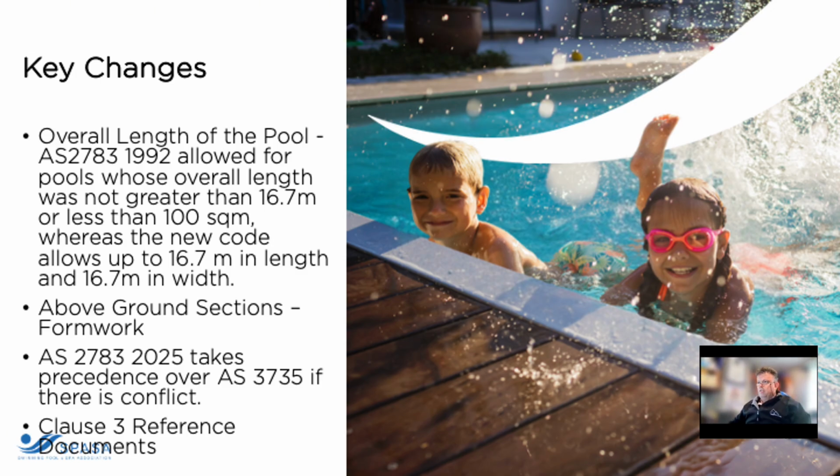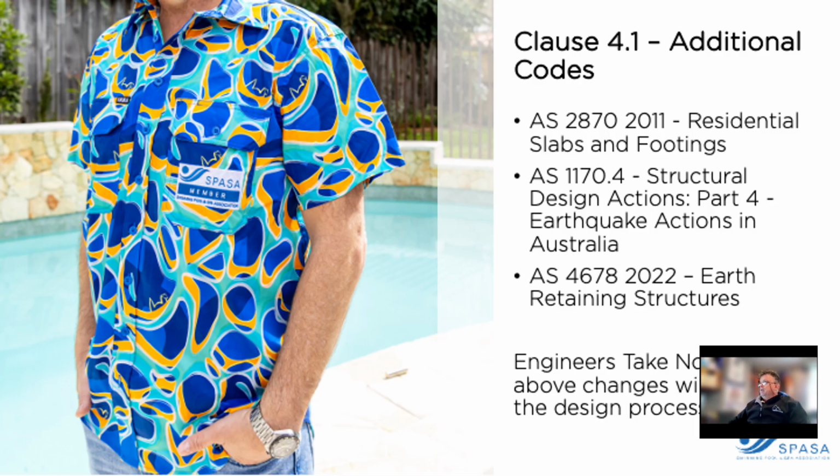Also, clause 3, which is the reference documents, has changed. Previously, the 1992 version didn't reference other codes. This one does, specifically AS2870, which is residential slabs and footings.